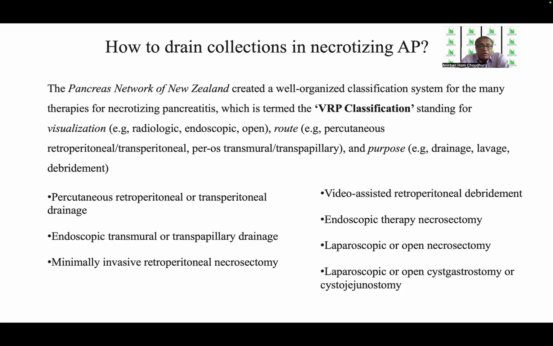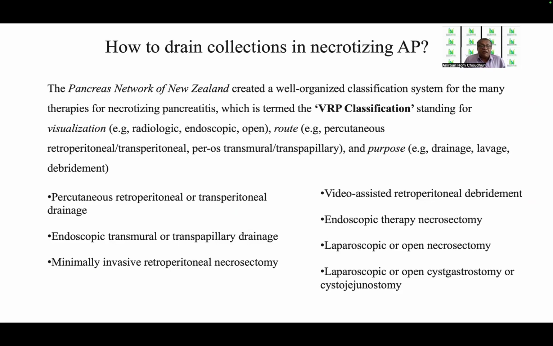The Pancreas Network of New Zealand created a well-organized classification system, which they termed the VRP classification. VRP stands for V for visualization, whether it is radiologic, endoscopic, or open; route of administration, that is percutaneous, retroperitoneal, transperitoneal, etc.; and the purpose, whether it is purely drainage, or drainage plus lavage, or drainage plus lavage and debridement.